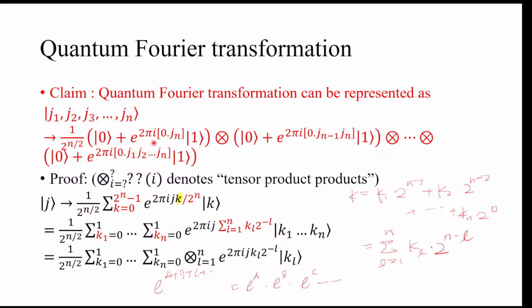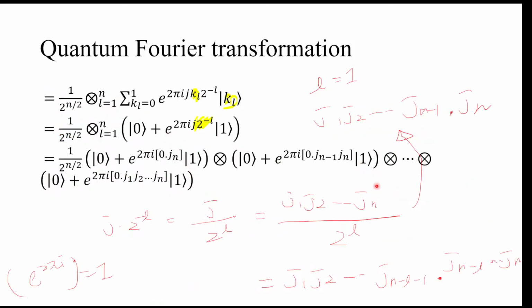The rotation angle depends on your input: it's 0.jn, 0.j(n-1)jn, all the way to 0.j1 j2 to jn. And we see in the proof that this 0.jn is basically j1 to jn times 2 to the minus 1, and so on, times 2 to the minus l.